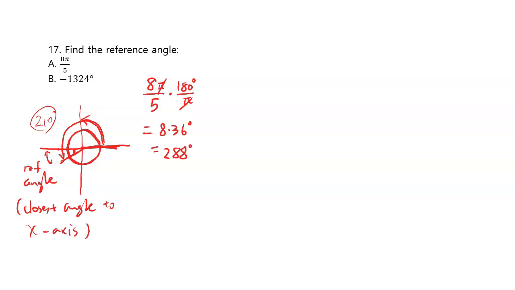Okay, so what is 288 degrees? Well, if you put it on the circle, that's beyond 270. Here's 0, then 90 degrees, then 180 degrees, and then 270 degrees, and you go beyond a little bit.